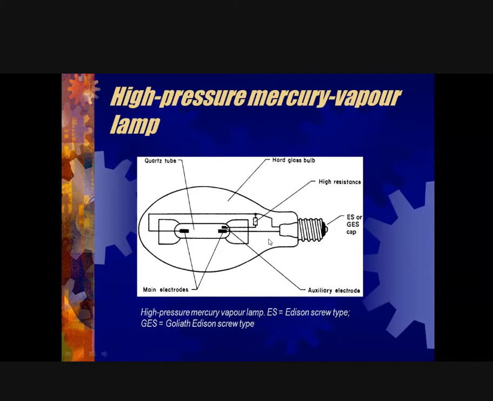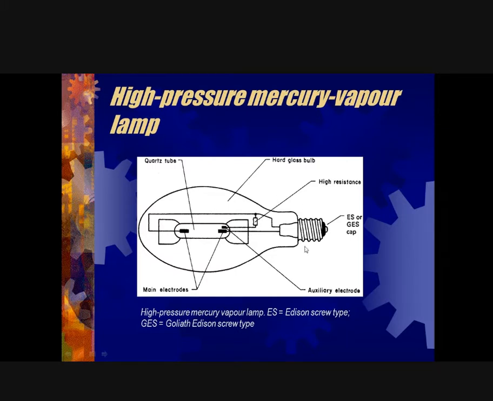Persons tend to call it the Goliath Edison screw type, because when you look at the discharge lamps for high pressure mercury vapor lamps, the tube is larger than the regular, I should say incandescent tube, right?